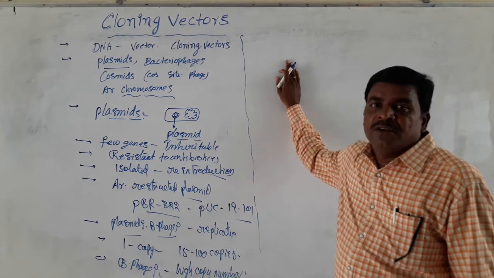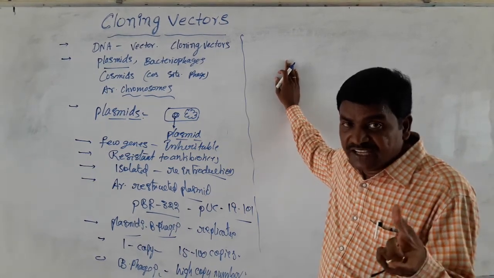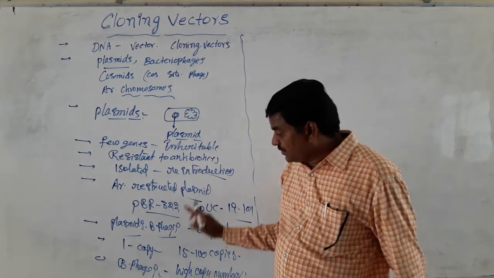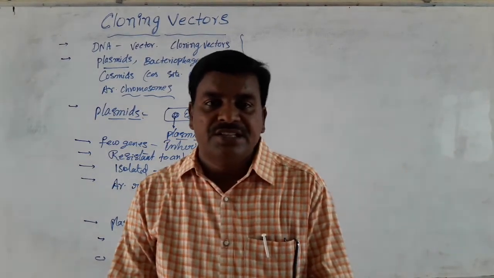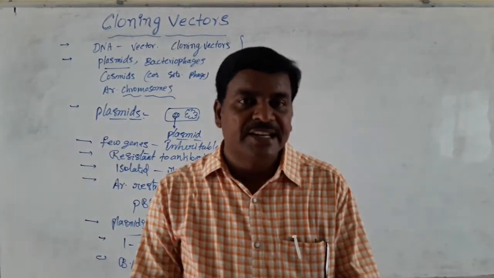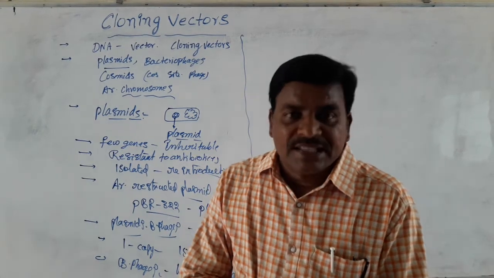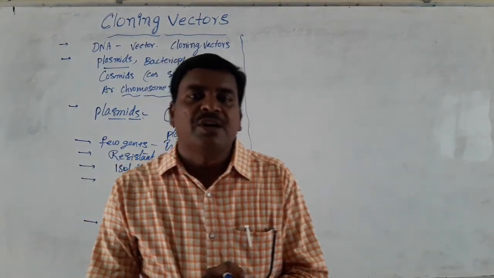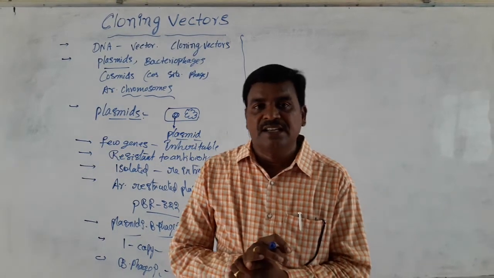When any desired copy of DNA is inserted into this plasmid, this desired gene automatically undergoes multiplication, leading to the formation of several copies. Why must these desired genes be incorporated with the vector? Why are they not directly inserted into the bacterial cell?